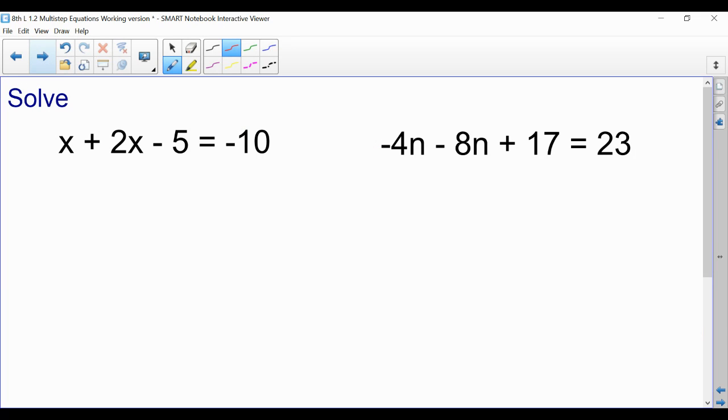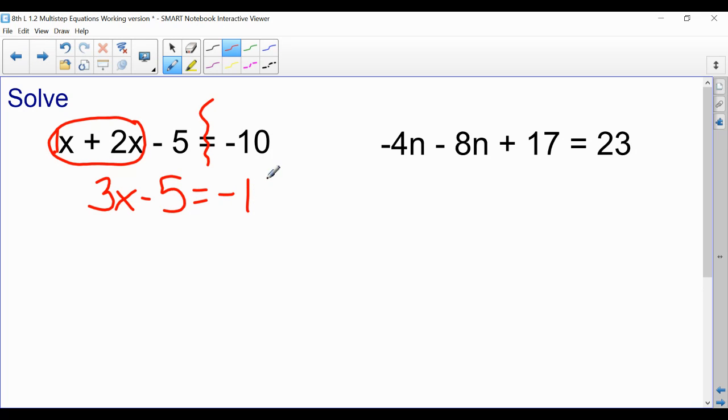First problem here, we have x plus 2x minus 5 equals negative 10. So if I look at this here, I have x plus 2x on this side of the equal sign. Remember, I can't cross this line yet. I have to put these two together. So if I have 1x plus 2x, I actually have 3x minus 5 equals negative 10.